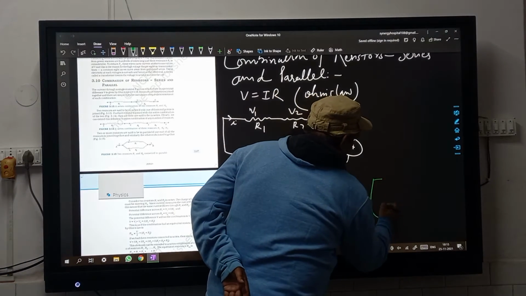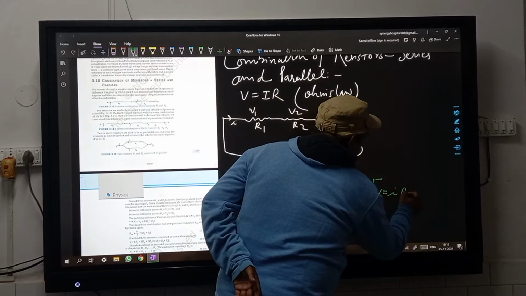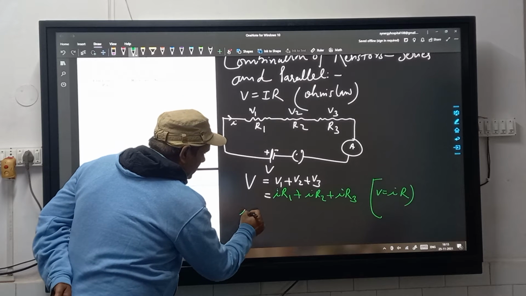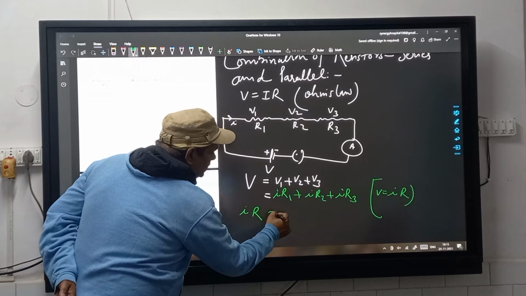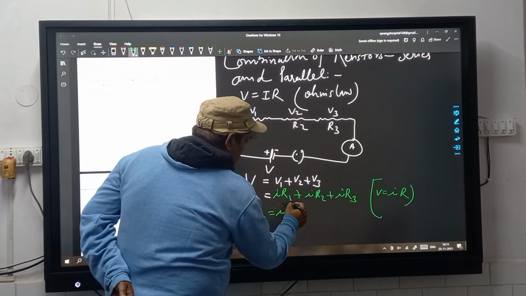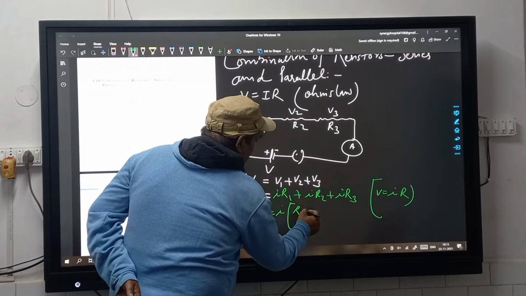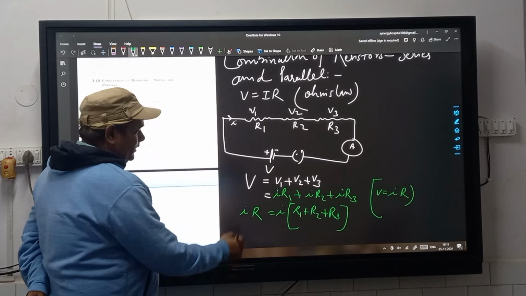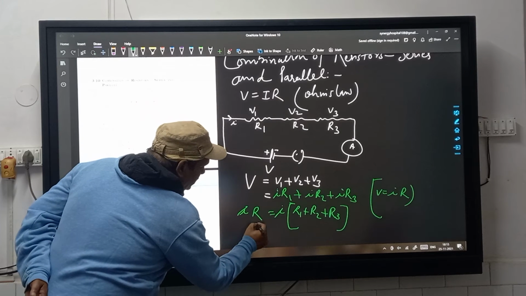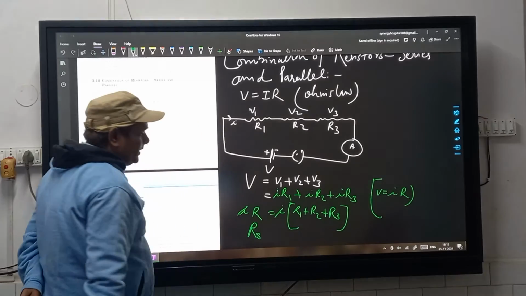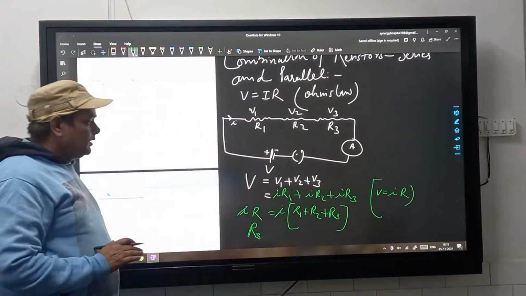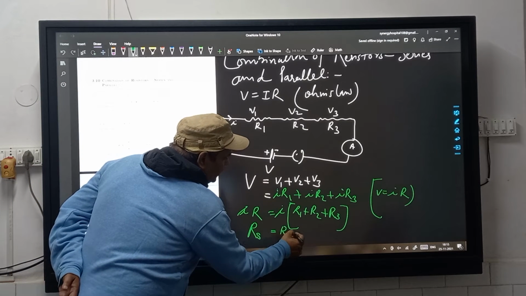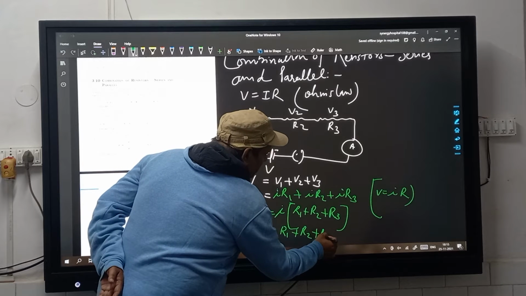Which law holds? Ohm's law, that is V is equal to I R. We can put it in place of V as I Rs equal to I times R1 plus R2 plus R3, where I can be taken as common. Okay, I gets cancelled out. So R with lower subscript S, S stands for series, and Rs becomes R1 plus R2 plus R3.